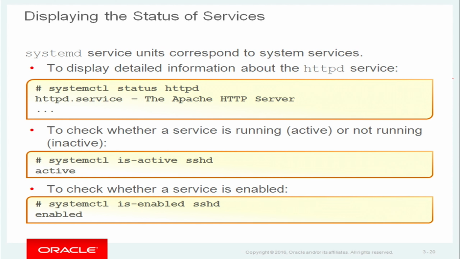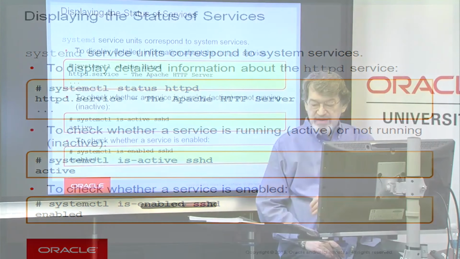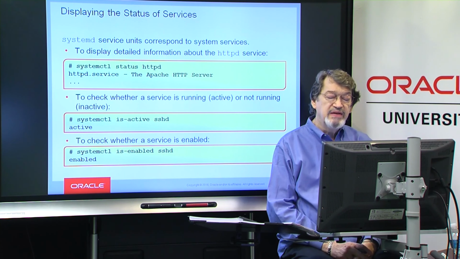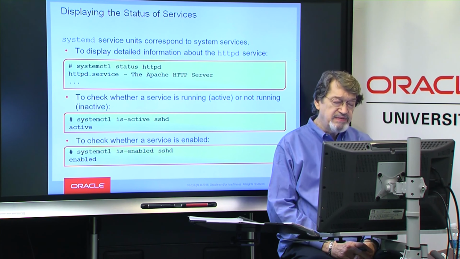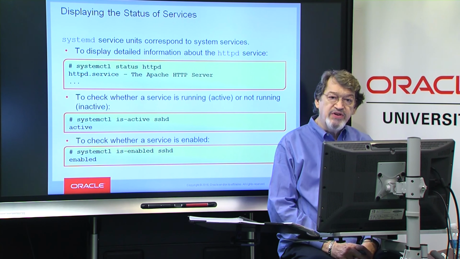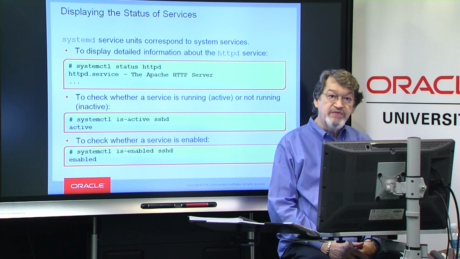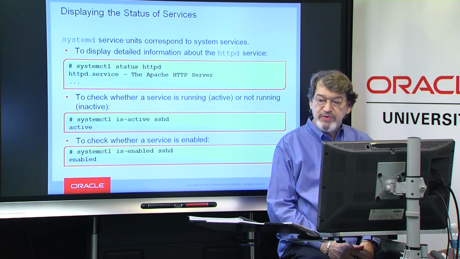Is enabled means that on reboot, is this particular service enabled to start on reboot. Okay? And you had similar activity in Linux 6. You had a chkconfig command that allowed you to go out and either turn on or turn off an individual service from starting on reboot.